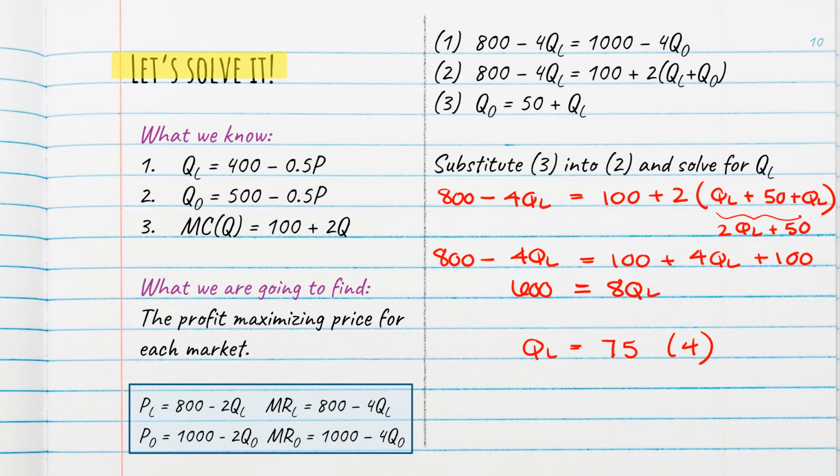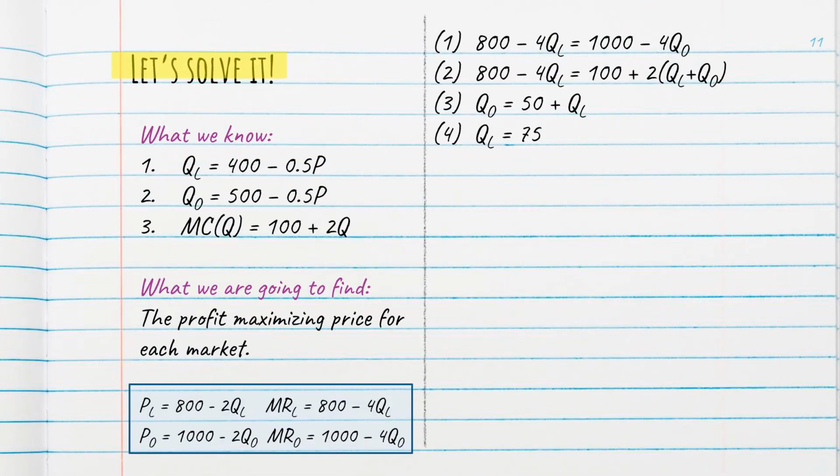So now we know how many units our firm should sell to the local market, and from there it should be quite easy to solve the rest of the problem. Our next step is to substitute that QL equals 75 into equation 3. That's going to allow us to solve for QO, the number of units that VerticWest should sell to the other market.